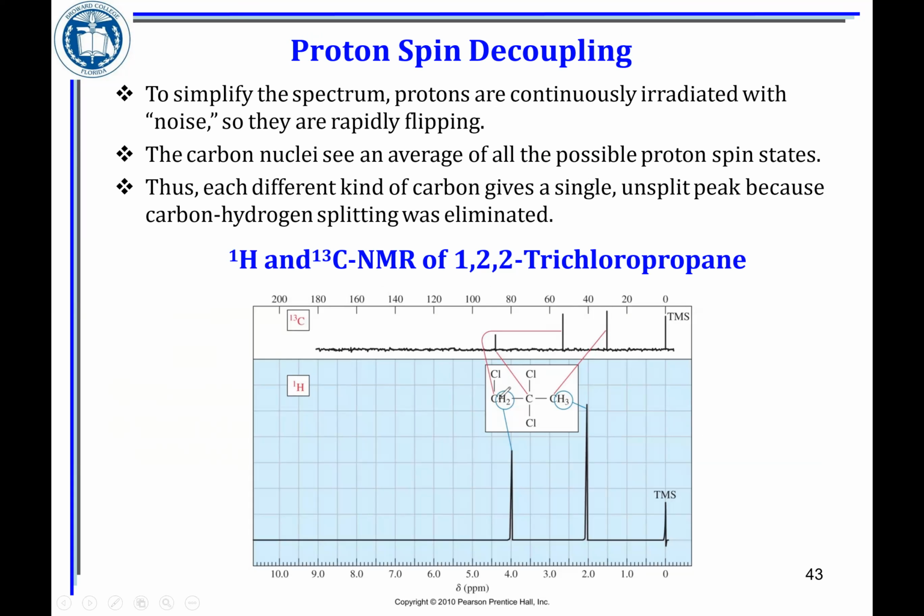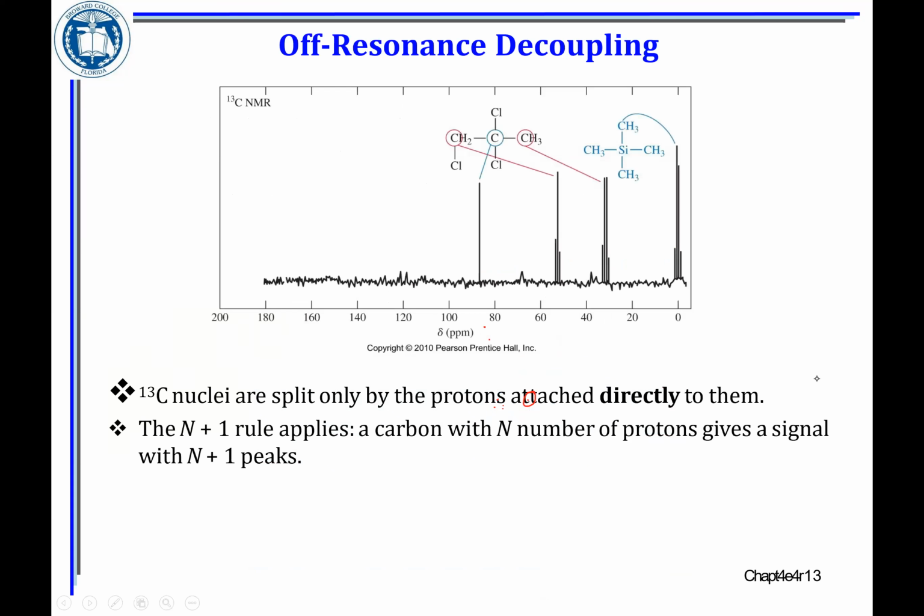This is going to be a triplet because it's coming from CH2. And this is going to be a singlet because it's a carbon with no hydrogen on it. But normally you see these peaks are all singlets. It's not very popular to show the splitting.